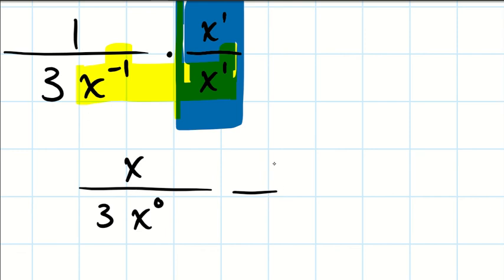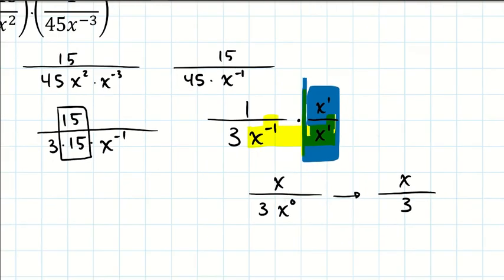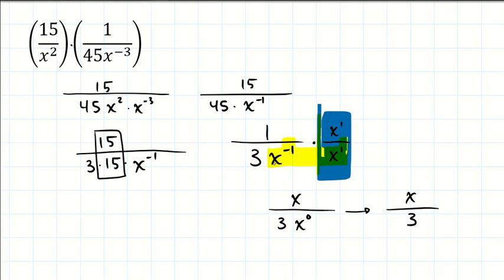Then I might take this one step further and write, oh, this is just x over the number 3. So this simplifies to x over 3, and if we back all the way out, this expression is simply x thirds, x over 3.